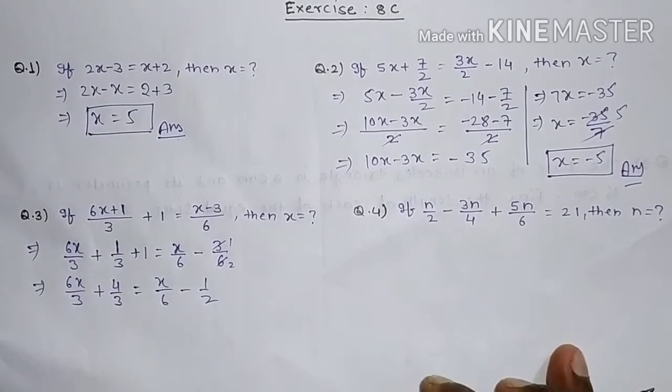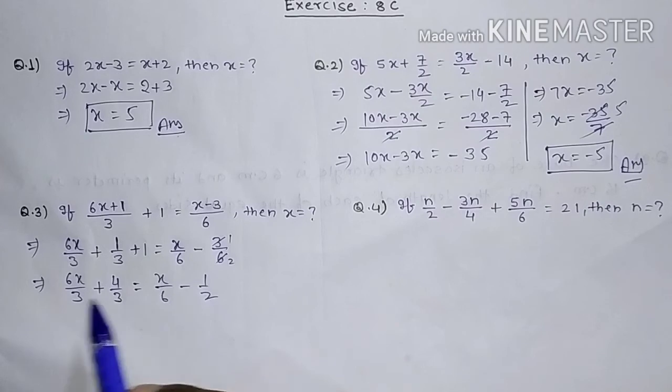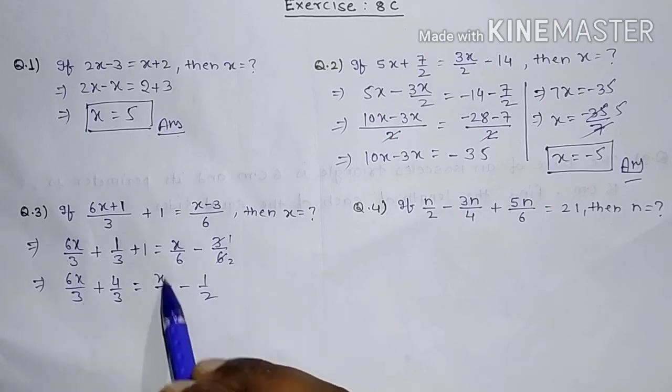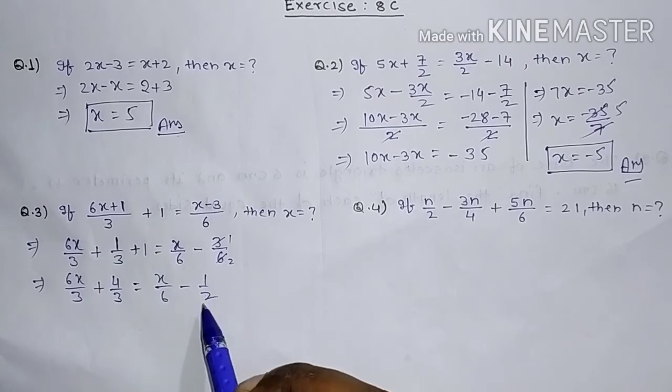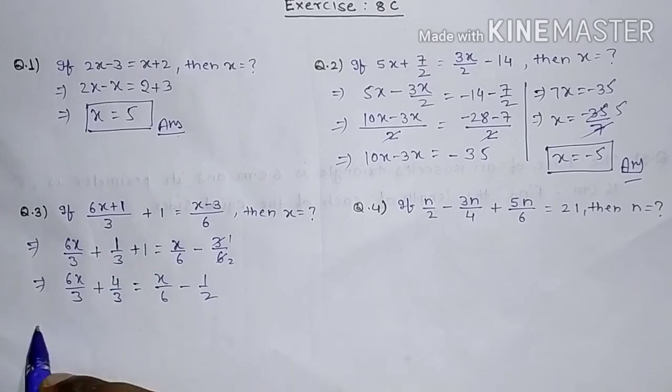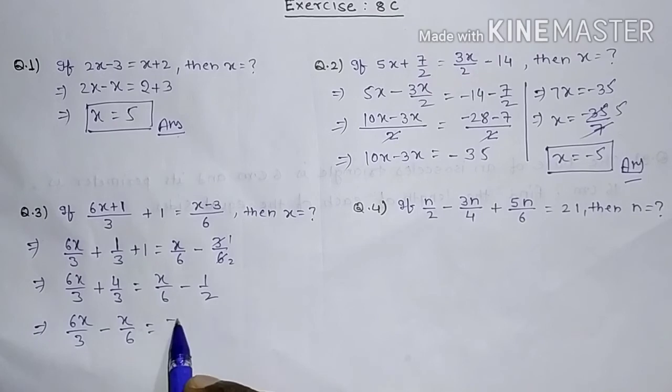Now in this equation here, 6x upon 3 and x upon 6, these two terms are variable terms, and 4 by 3 and minus 1 by 2 are numbers. So just take variable to one side and numbers to other side. So 6x divided by 3, x by 6 comes to LHS side, so it becomes minus x upon 6 equals minus 1 by 2. 4 by 3 goes to RHS side, so it becomes minus 4 by 3.